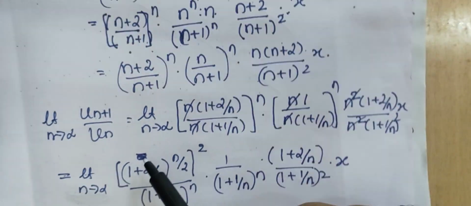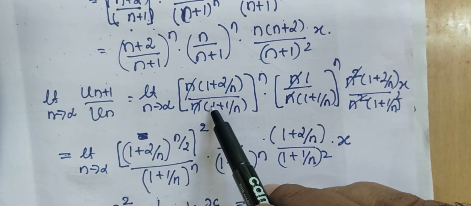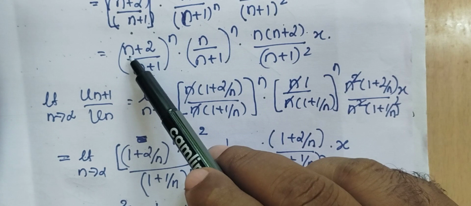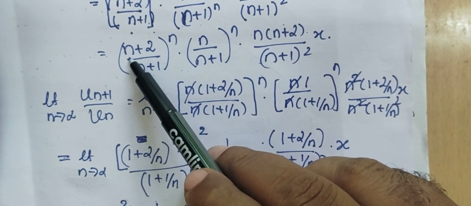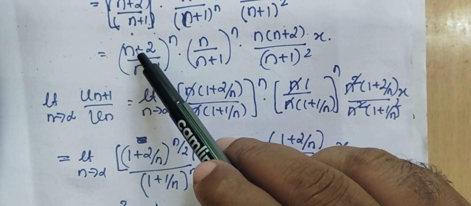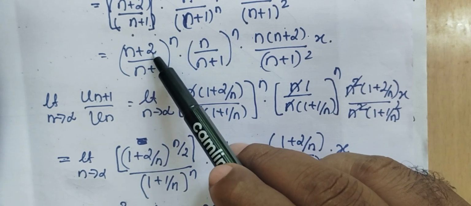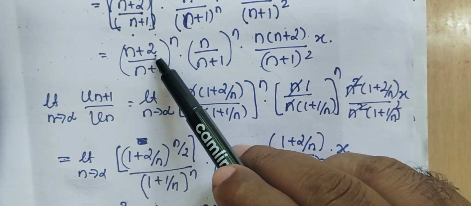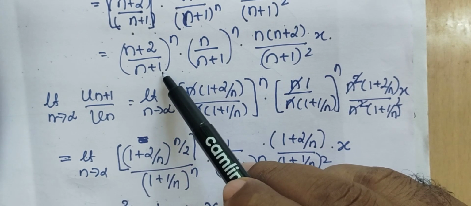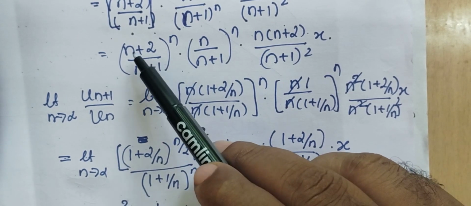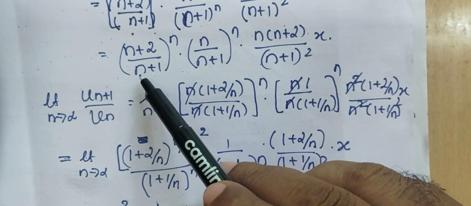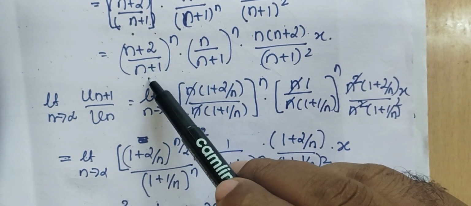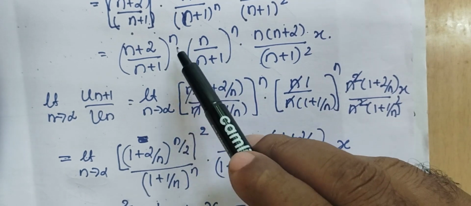Limit n tends to infinity. Here you can take n as common inside the bracket, don't take it outside. So n into (1 plus 2 by n) divided by n into (1 plus 1 by n), whole power n. The n and n will be cancelled, remaining (1 plus 2 by n) divided by (1 plus 1 by n) whole power n.